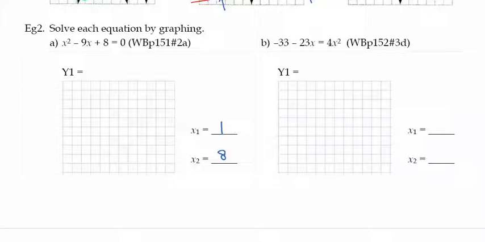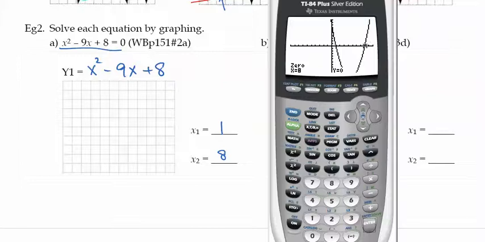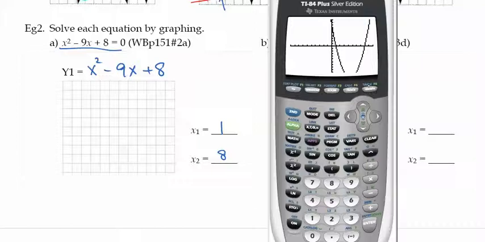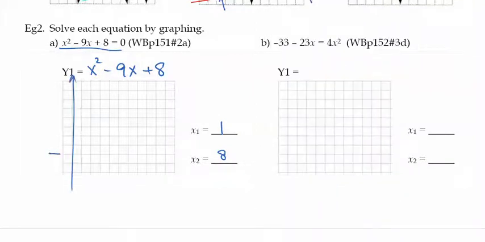So if you have a graphing calculator, you can solve a quadratic equation like this by using your graphing calculator. Enter your equation here as y1, and as you draw it out, you will see a parabola that opens this way. And let me just make a quick sketch.